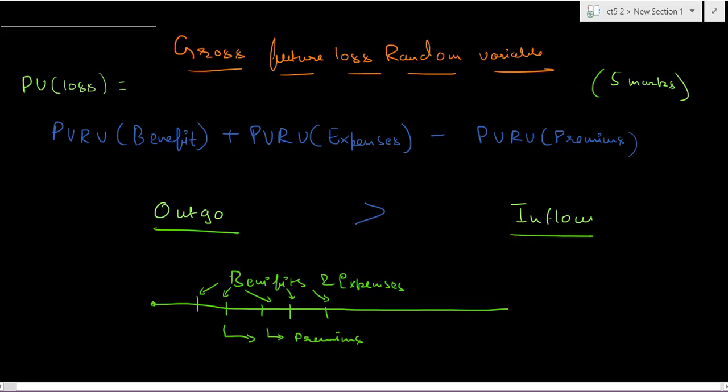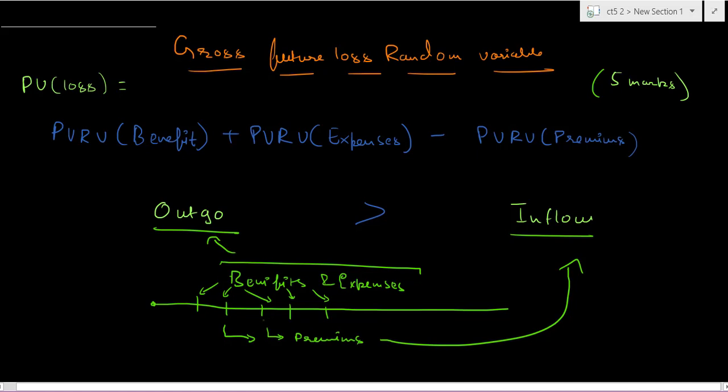So that is the entire idea about how an insurance company functions. You'll be paying various benefits and expenses, and you'll be receiving premiums. Premiums are your inflows and benefits and expenses are your outflows. Now what do I mean by the gross future loss random variable?